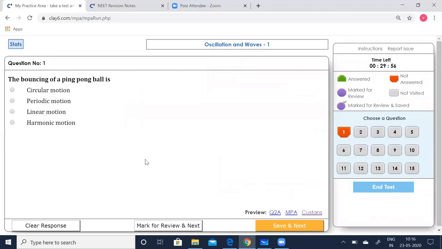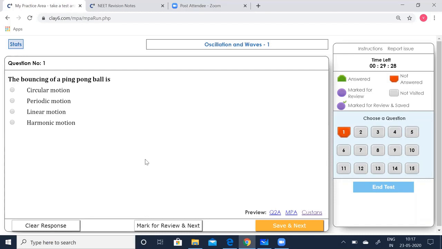The first question says, the bouncing of a ping pong ball is circular motion, periodic motion, linear motion, or harmonic motion. Which can be the correct option? Obviously, it is not a linear motion because it is not moving along a line. It is moving up and down. It is not a circular motion also.